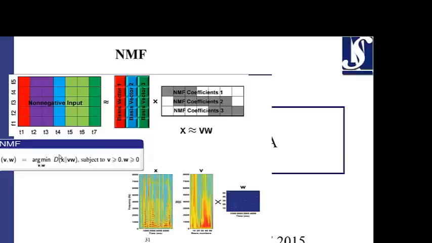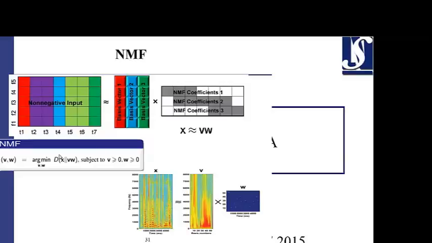So the spectrum that I get, I try to factorize into 2 things, atoms and weights, in such a way that the product of these atoms and the weights will give you the signal. So it means that the Kullback-Leibler divergence between the PDF of the signal and this factorization should be minimized.